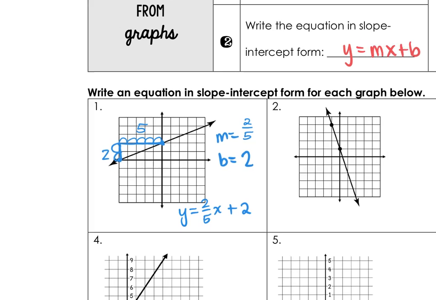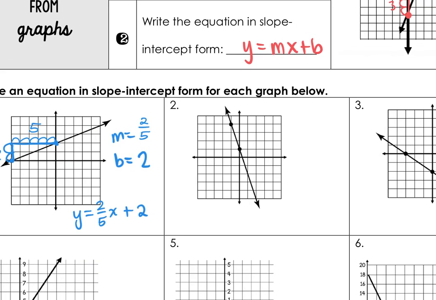All right, let's look at number 2. Again, we're going to label what's m the slope, what's b the y-intercept. B the y-intercept is very easy to spot. That line is going to go through the y-axis at 1. And then this graph has given me the 2 points they want me to use. This time, our line is decreasing as we look at it from left to right, so it's going to have a negative slope.